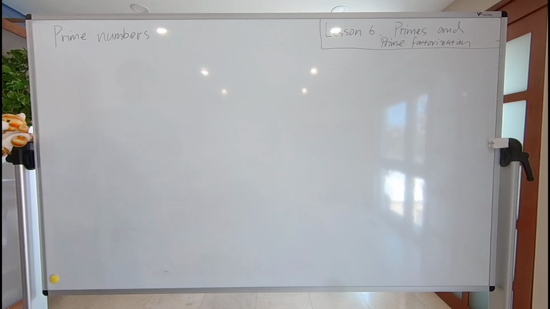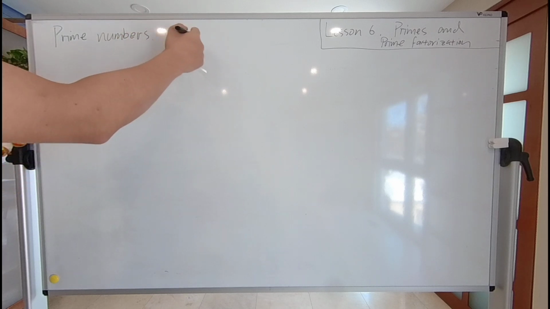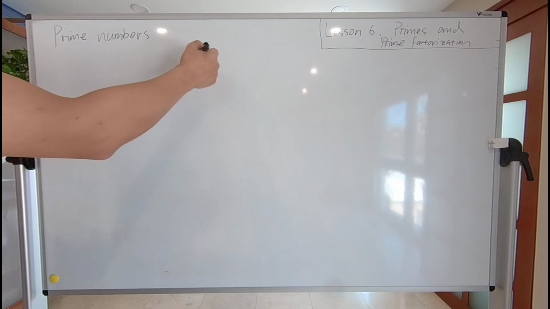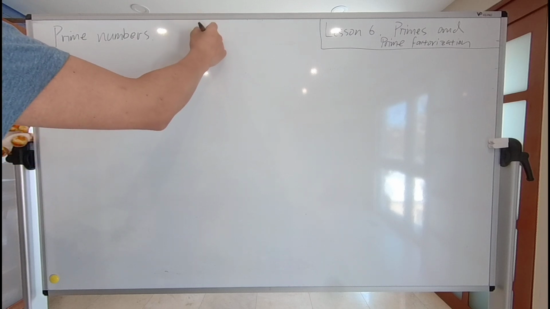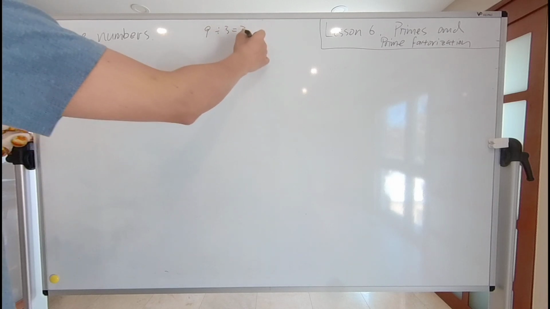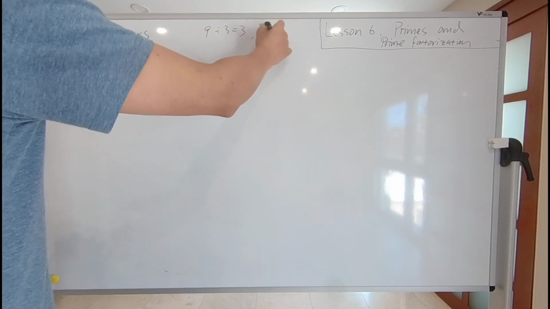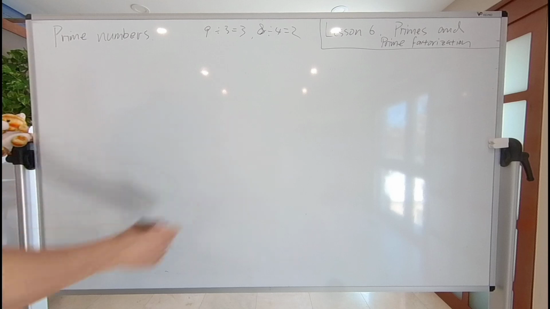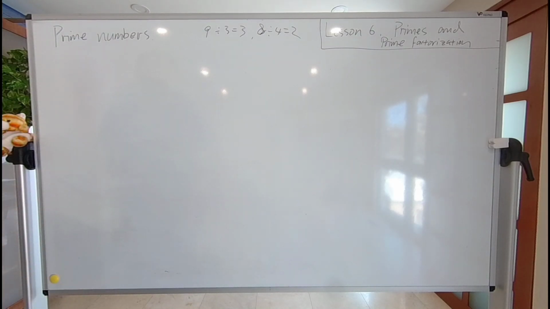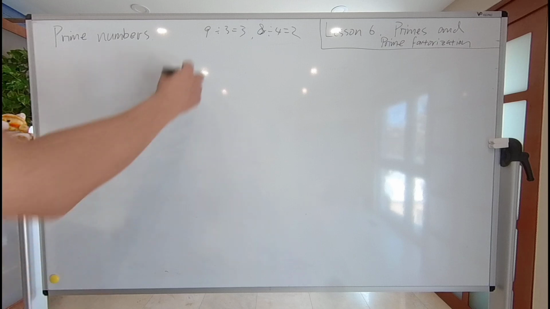From the previous classes, we've seen many different numbers. Some numbers are divisible by other numbers, for example 9 is divisible by 3, and 8 is divisible by 4, but there are also some numbers that are not divisible by many other numbers.